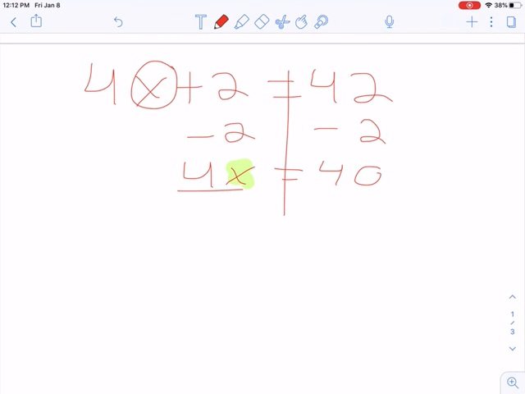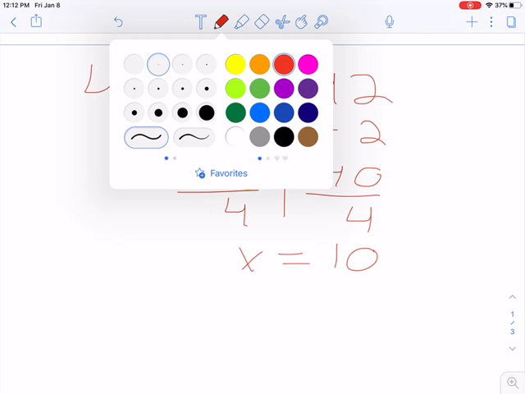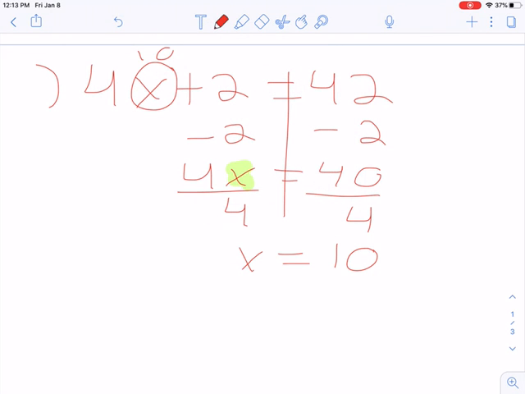The opposite is divide by 4. x equals 10. Check it. 4 times 10 is 40 plus 2 is 42. All right, and let's name that one number 2.